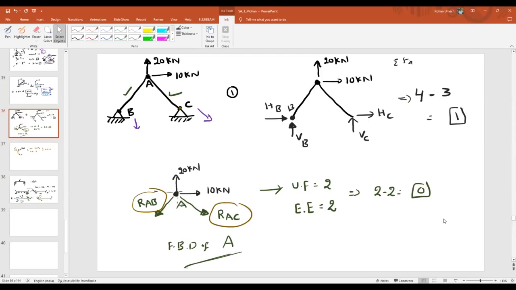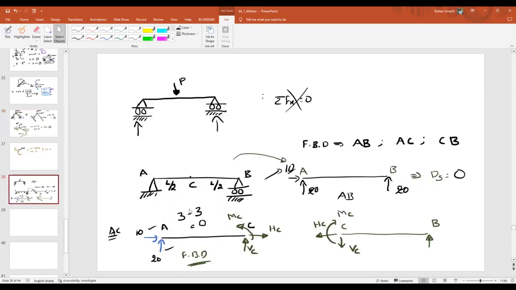Here, in the beam problem, we first considered the equilibrium equations for the entire structure. In the truss problem, how did we find the unknown forces? First we found the unknown forces from the free body diagram at point A, and then we came to the supports.